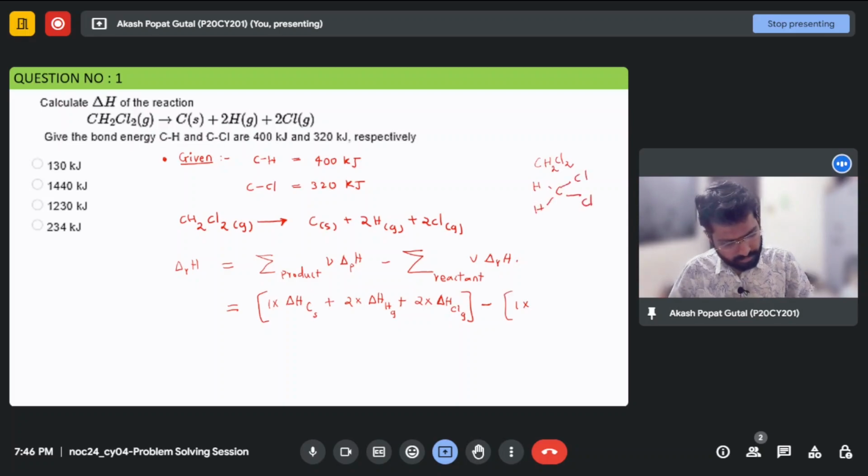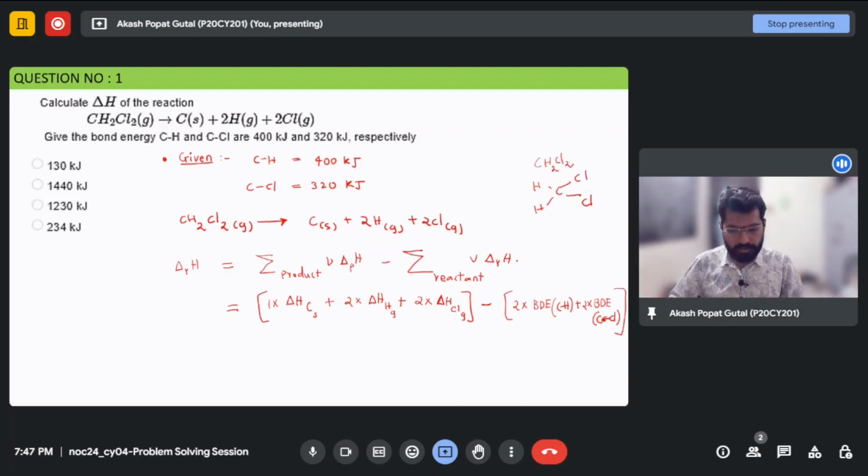So we can say 2 into the bond dissociation energy of C-H plus 2 into the bond dissociation energy of C-Cl.